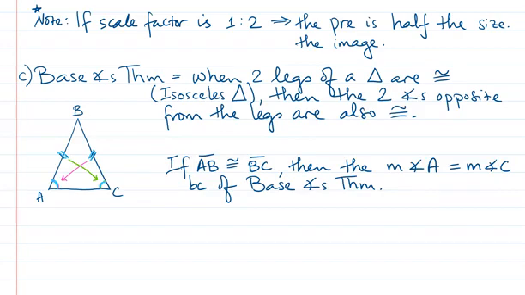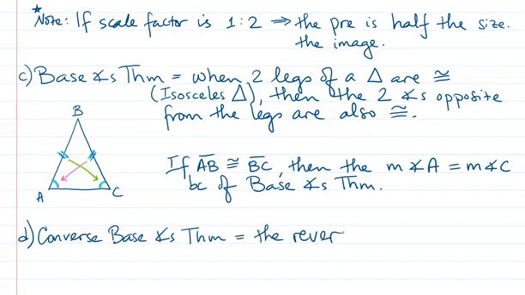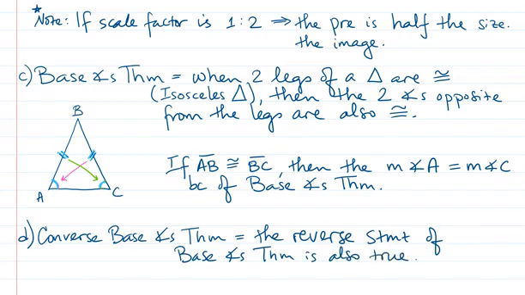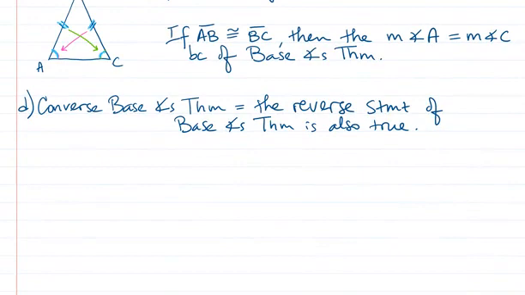So for base angles theorem, the reverse statement is also true, which is called converse base angles theorem, which is basically saying that the reverse statement of base angles theorem is also true. So what is the reverse statement?